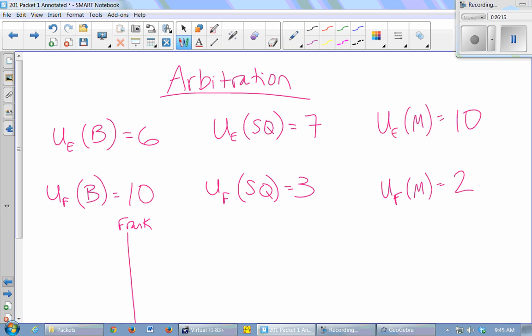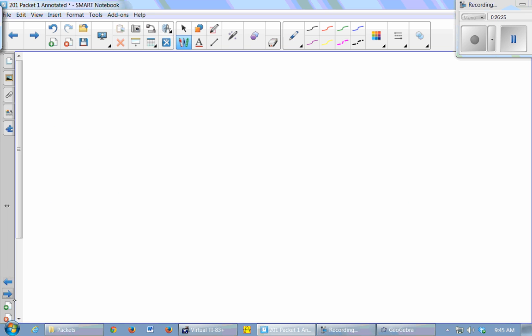So you can always add or subtract something from every utility and get an equivalent set of utilities. So for Ellen and Frank, I want to make the status quo 0. So Ellen's new beach utility, and status quo, and mountains.